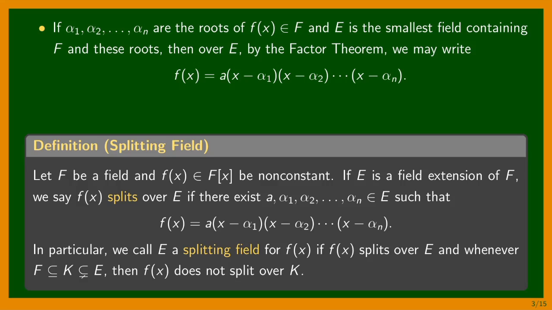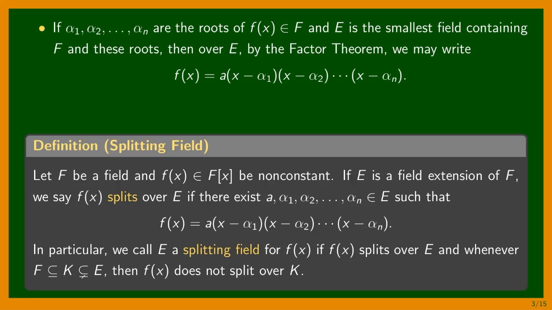Ang tawag natin sa smallest field where this thing happens is called the splitting field. Kaya nga splitting field kasi the polynomial splits into linear factors. Yun yung terminology. So here, F is a field, f of x is a non-constant polynomial.